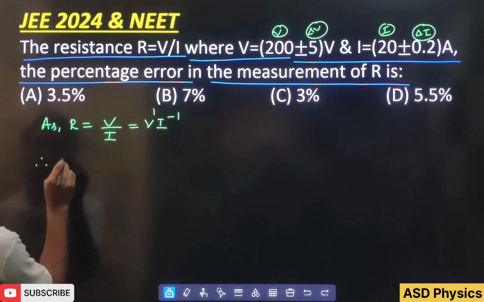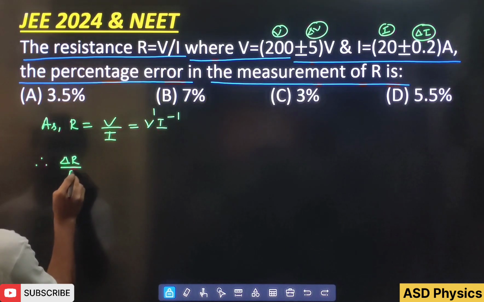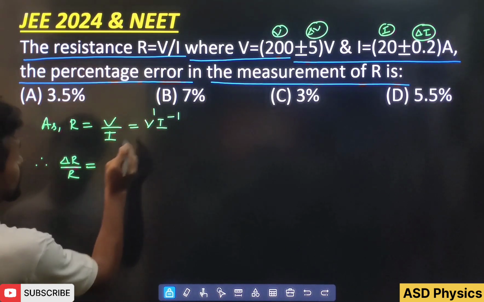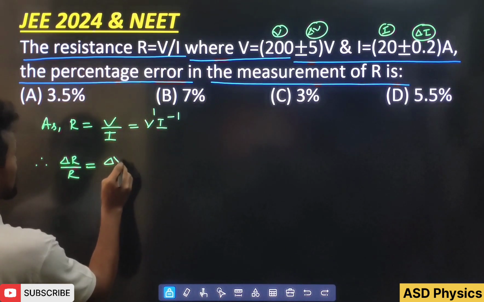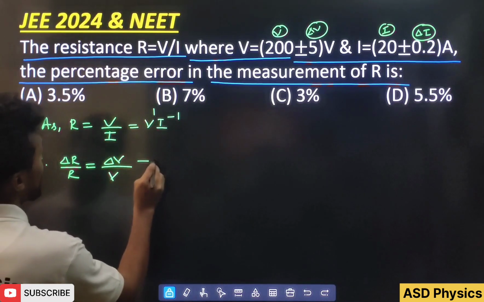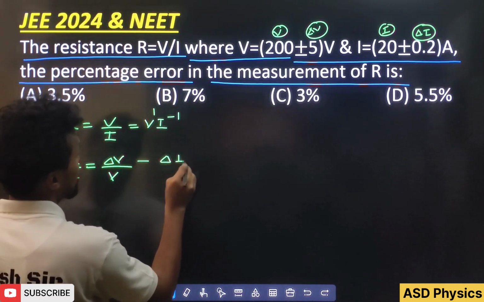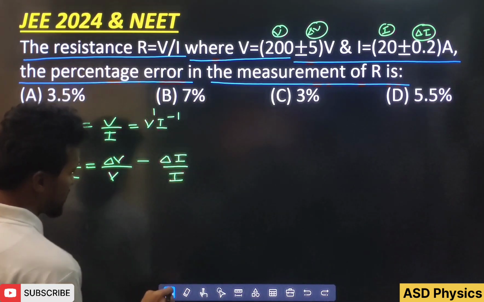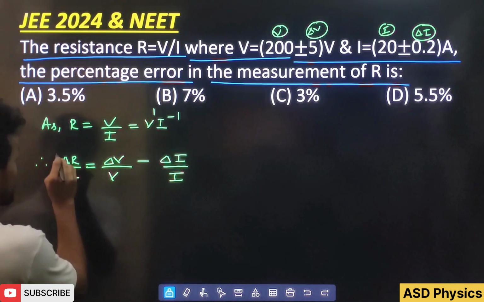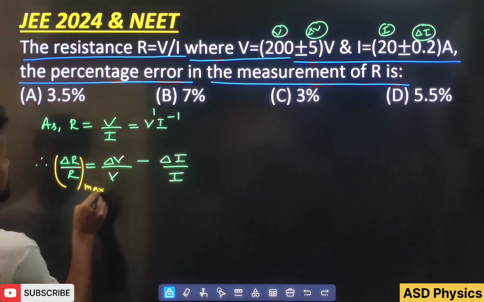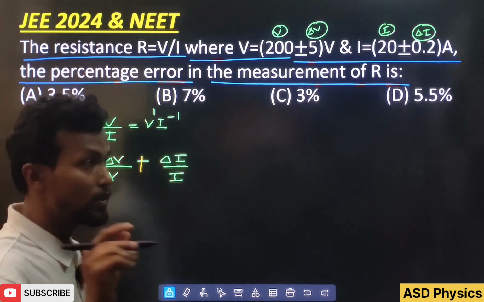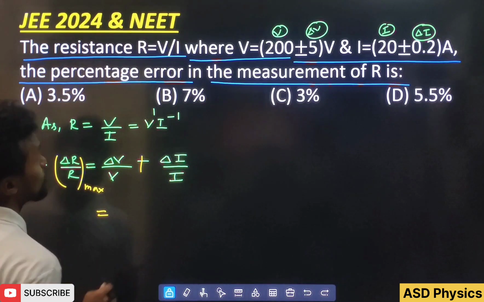So the error equation is delta R by R equals 1 into delta V by V minus delta I by I. But as I have told you, for maximum error this minus will become plus.